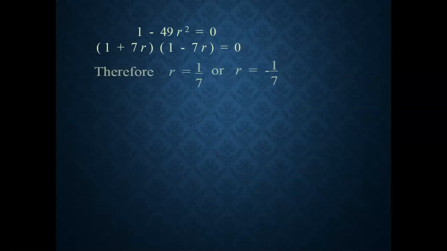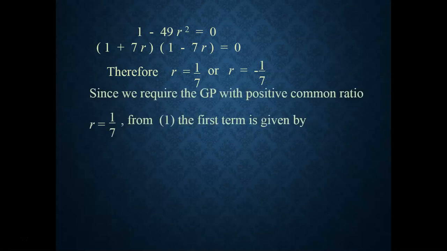We're still going to have to solve for r. So r is equal to 1 over 7 and negative 1 over 7, but the question did say that it has to be positive. So we're just going to take r equals 1 over 7. So a is equal to 7 times 1 minus r from the first equation.